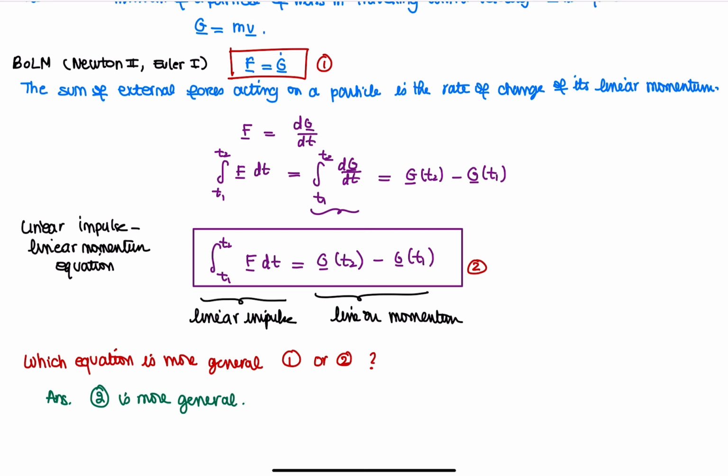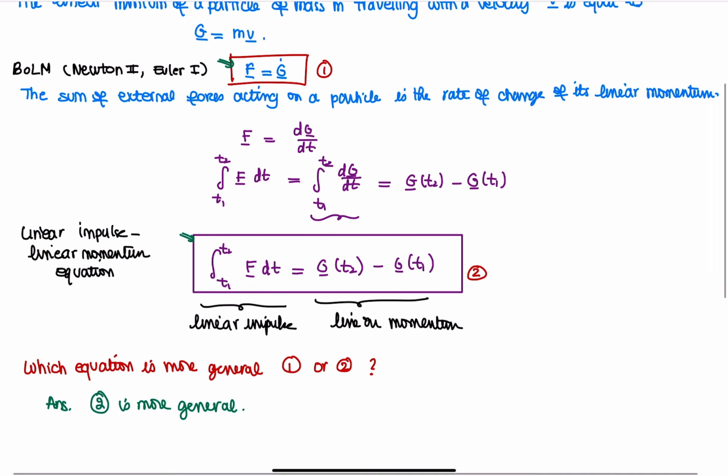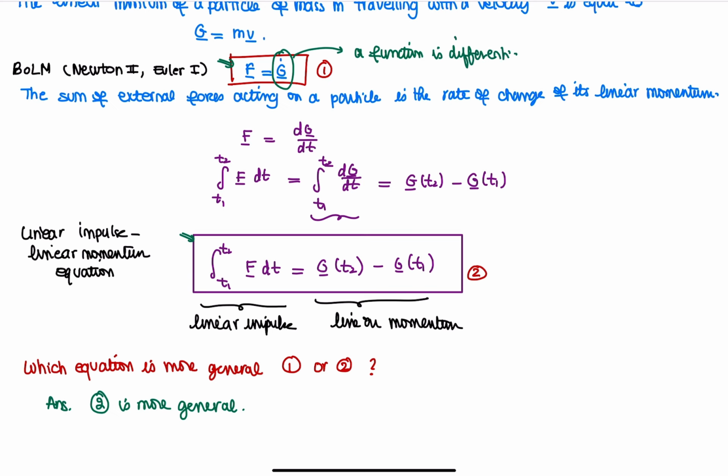Because to be able to write equation 1, we need to be able to differentiate, so g needs to be continuous so that its derivative is defined. From math, a function is differentiable under a set of conditions. It needs to be continuous and it needs to be smooth.